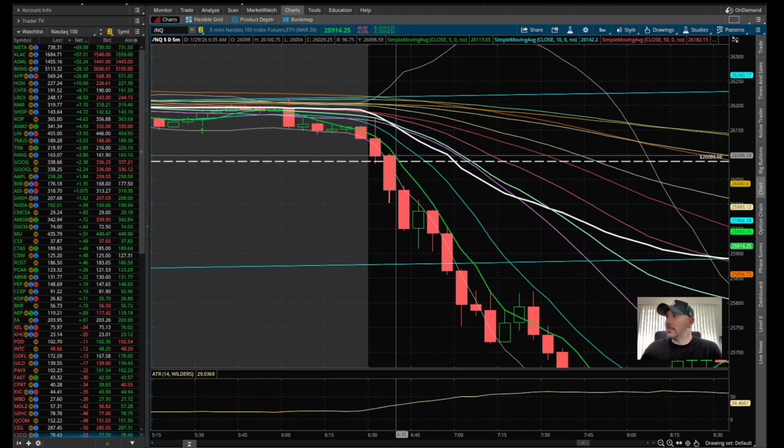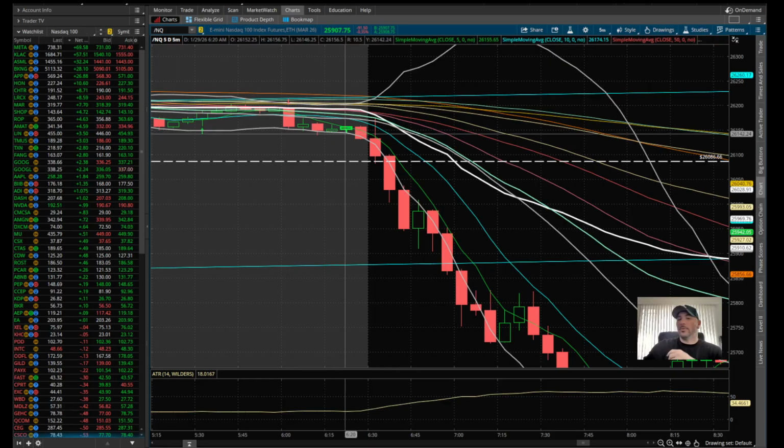It's the 5 simple moving average. I call it the power trending moving average, right? It's going to hug extremely tight to the price action. It's going to follow as best as possible, and it's going to try to keep you as safe as possible in very volatile markets. Hence why I call it the power trending simple moving average.